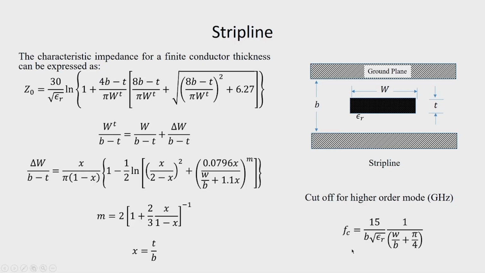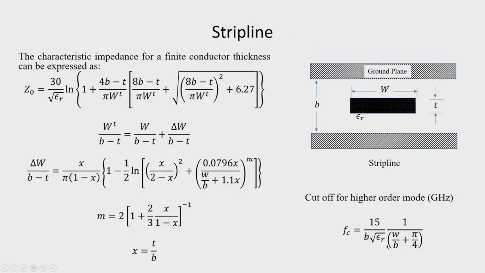Now, strip line, as we have mentioned, carries TEM wave. Now, if the frequency of operation is increased above certain cutoff frequency, this strip line can support higher order modes.